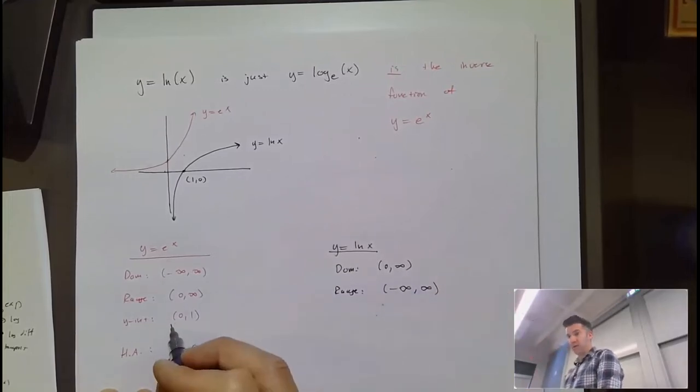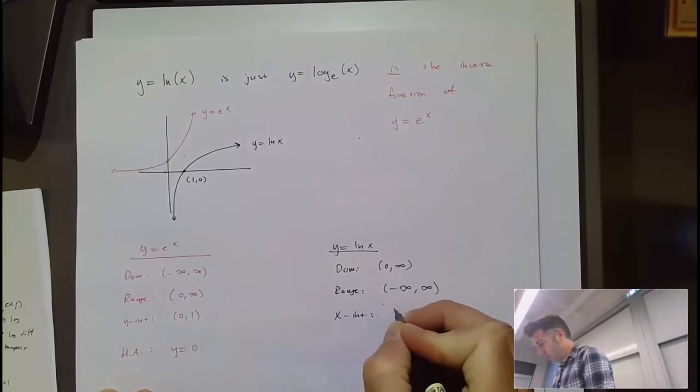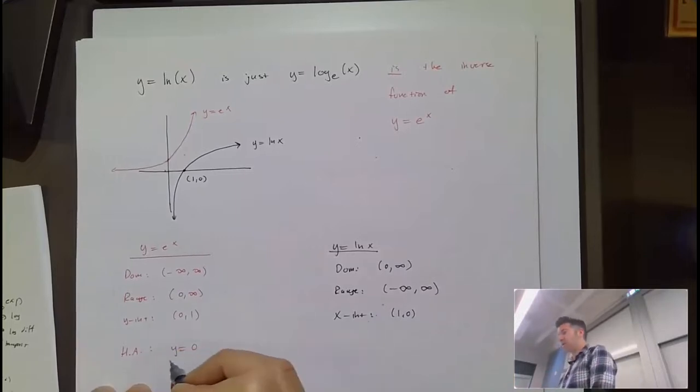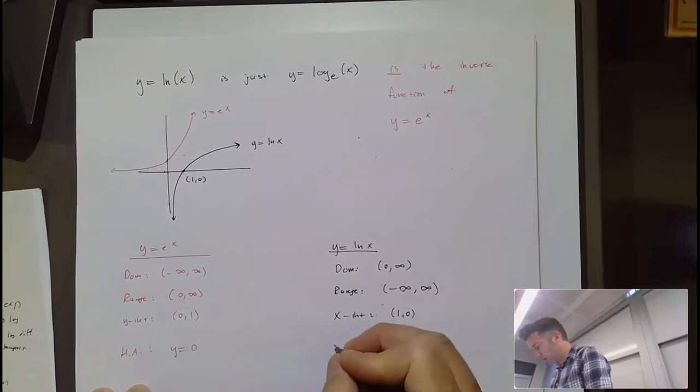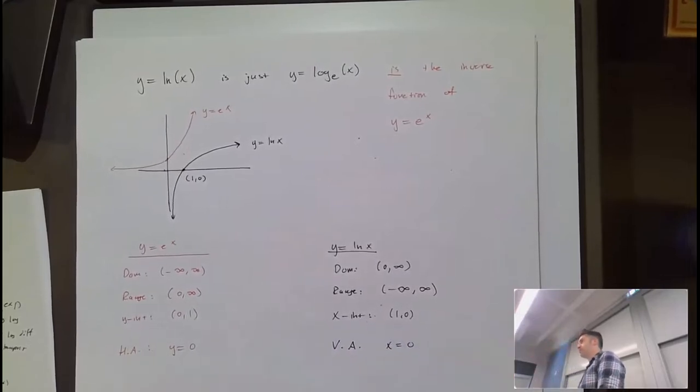Instead of having a y-intercept at (0, 1), there's an x-intercept at (1, 0). Literally, the x and y coordinates have interchanged. And instead of having a horizontal asymptote at y equal to 0, there is a vertical asymptote at x equal to 0. So inverse functions always kind of have this relationship with each other where if something is true for one function, the kind of inverse thing for x and y is true for the inverse function.